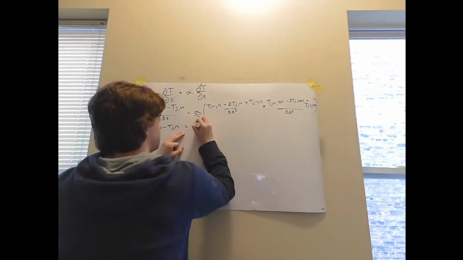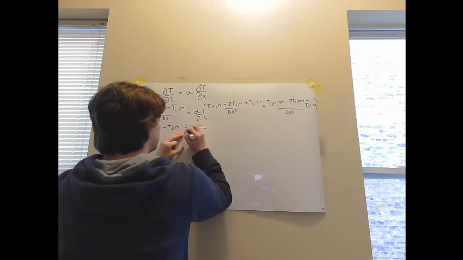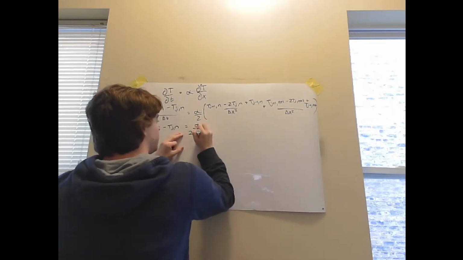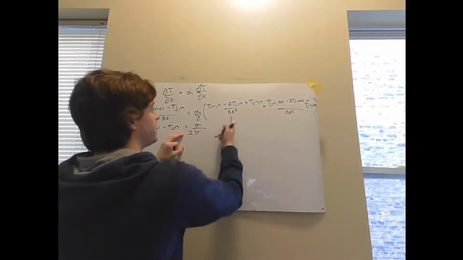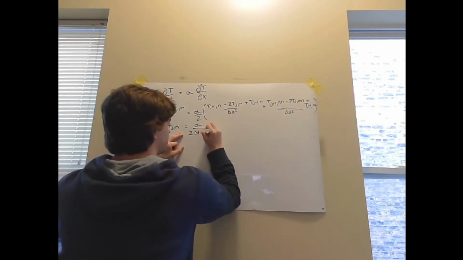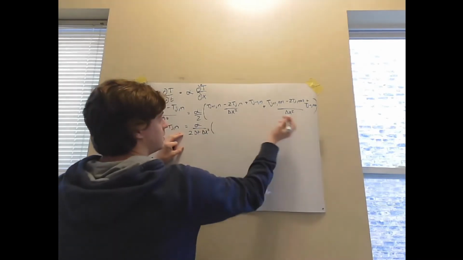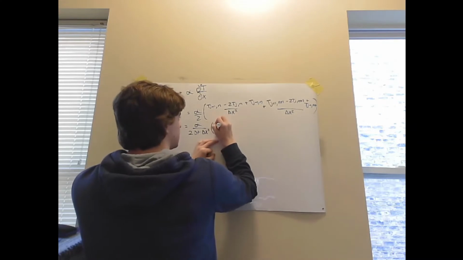And it's going to be equal to alpha over 2. We multiply delta t over, and then I'm going to factor out delta x squared. And so the rest of these terms in the parentheses just stay the same.